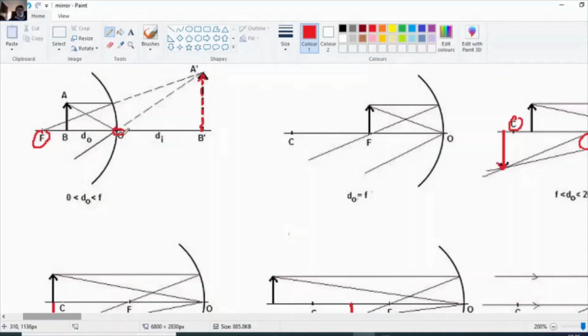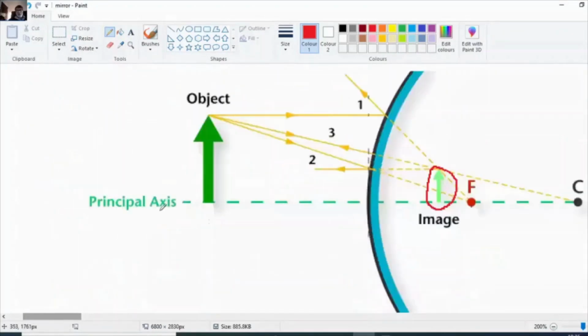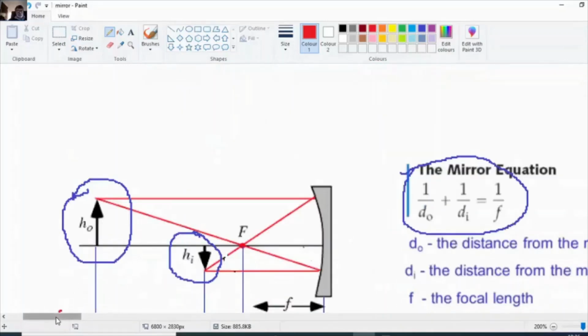Since the focal length of the mirror was 4 centimeters, the object distance will be smaller than 4 centimeters.